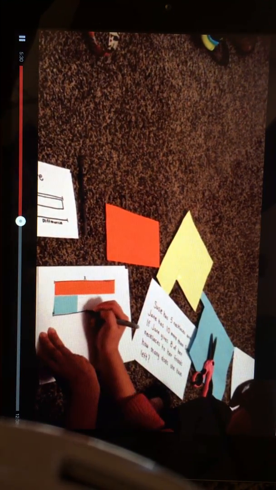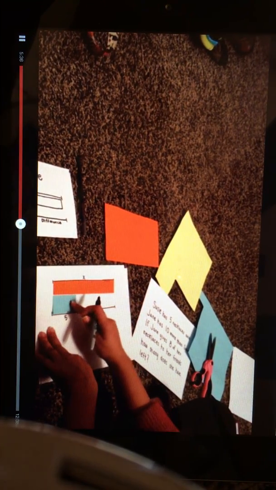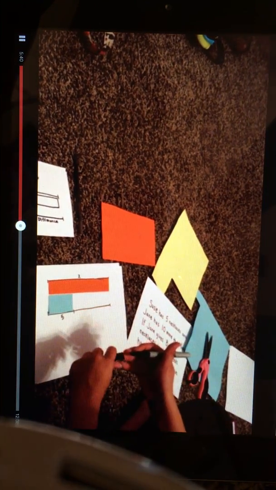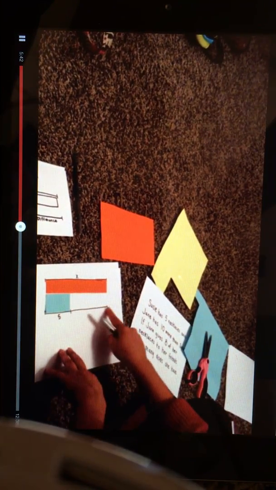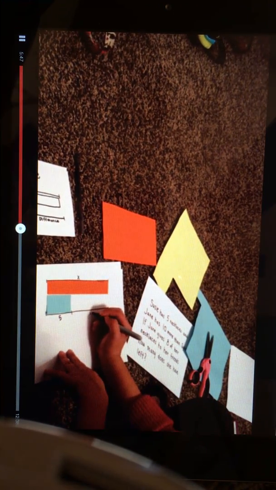And then we draw our lines again, and we're going to label this as 5. This length of blue paper represents 5 necklaces that Susie has. And we know that this area needs to be our difference, and that's going to be 10.